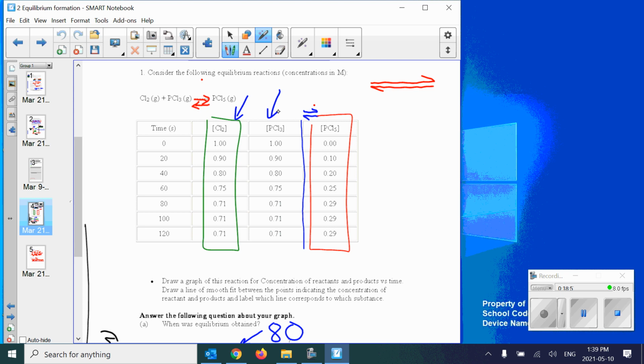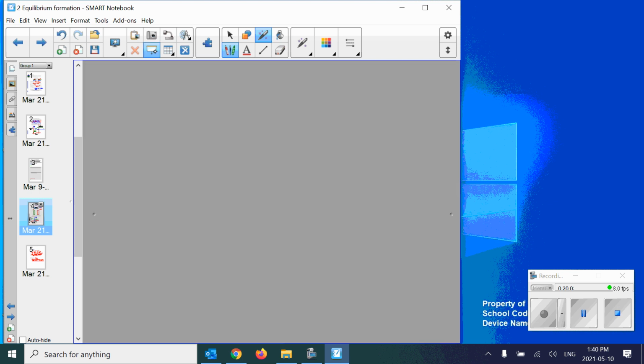That's one. What I want you to do is below, there's a grid. Draw a graph of this reaction, concentration of reactants and products versus time. Smooth fit between the points indicating the concentration. Label which line corresponds to which substance. So your graph. Time is on the bottom. 20, 40, 60, 80. Start with 0. And so on. You count, and I'll show you quickly here.